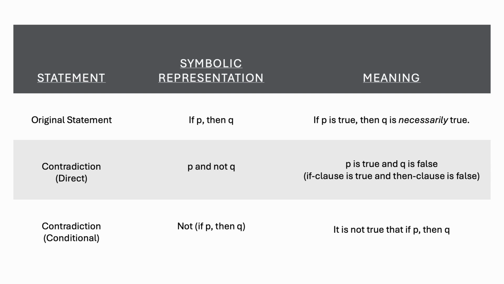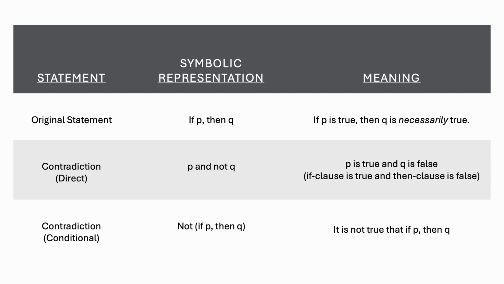So the meaning of that statement is that P is true and Q is false. In other words, we've got to show that the if clause is true and that then clause is false. So again, the conditional form of that contradiction is that it's not the case that if P then Q, right? So again, it is not true that if P then Q is necessarily true there.